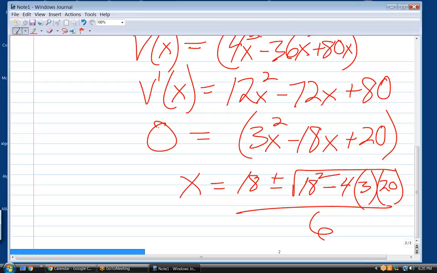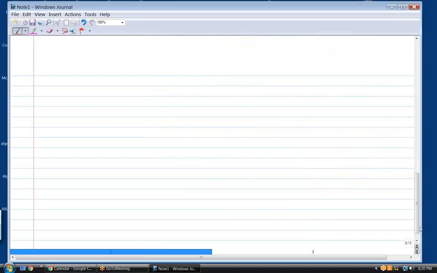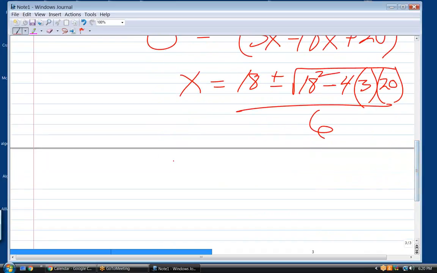Now, let's see. That's 240. 18 squared is going to be more than 240. So we do have a positive answer. Let's see. I can do this. X is going to equal 18 plus or minus, what's 18 squared? Hold on. 324.